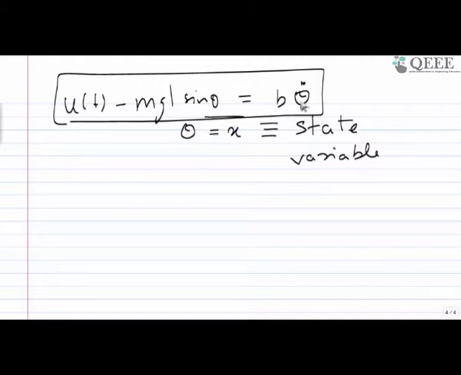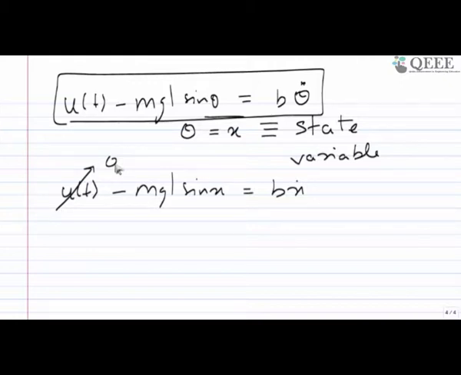We'll come to this a bit later when we speak about the state variable representation, but for the moment assume that I replace theta by x just to visualize how the state of this simple pendulum behaves, with mgl sine x equal to b x dot.